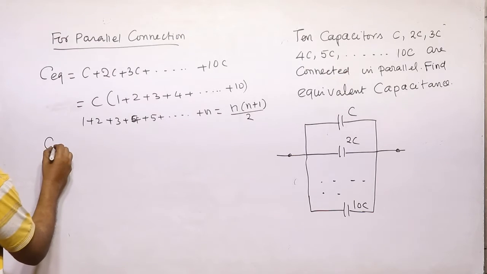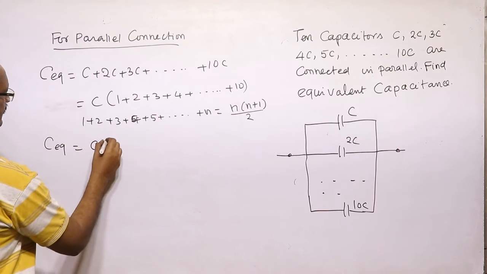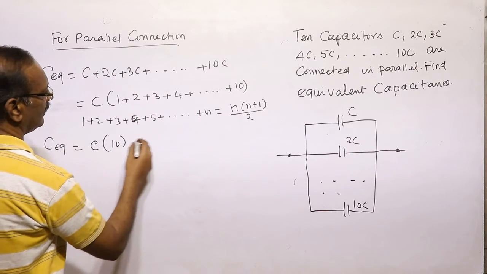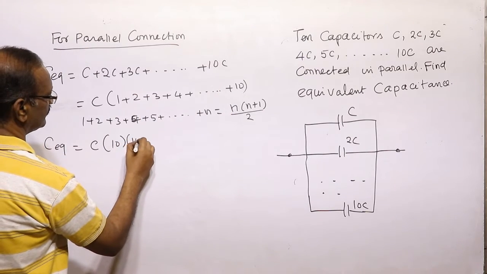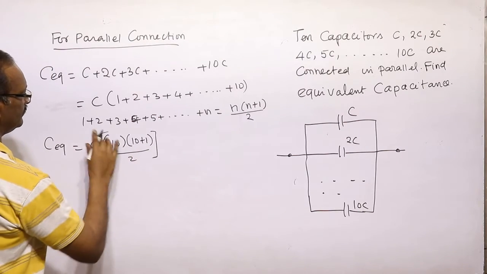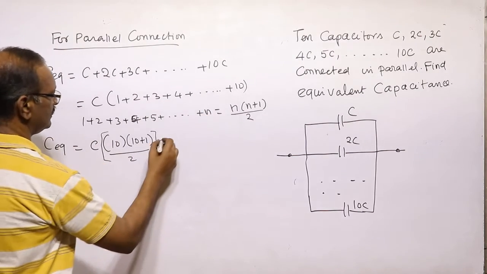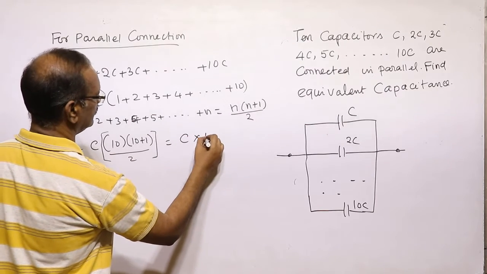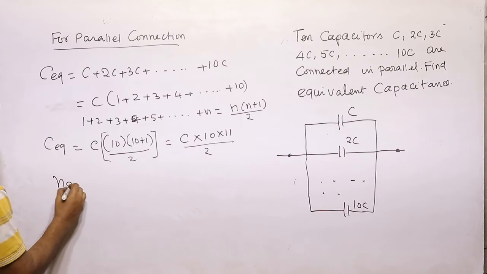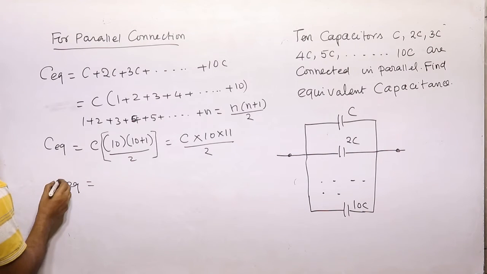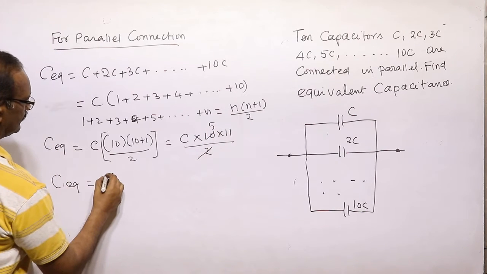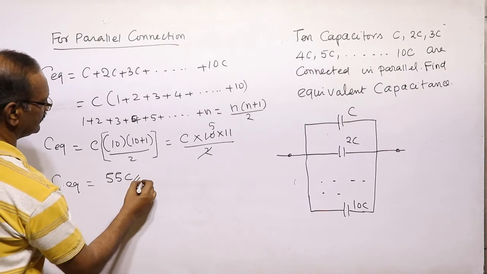So here C equivalent is equal to C into 10 into 10 plus 1 divided by 2. This is the summation of the series. So C equivalent is equal to C into 10 into 11 divided by 2, which is equal to 55C.